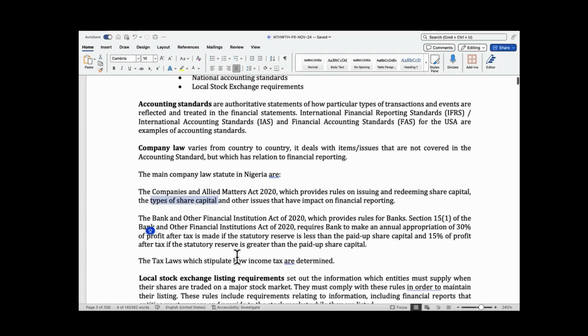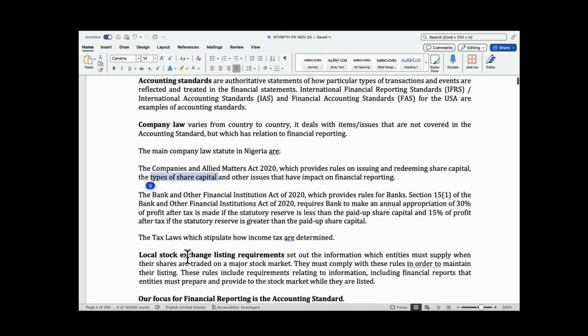Then BOFIA, then the tax law also. Explain the local stock exchange requirements the way I've explained it to you, that every entity must obey SEC requirements if they want to get listed. And for them to continue to be listed, there are requirements they must follow, there are inputs they want to see in their financial statements before they can remain listed.